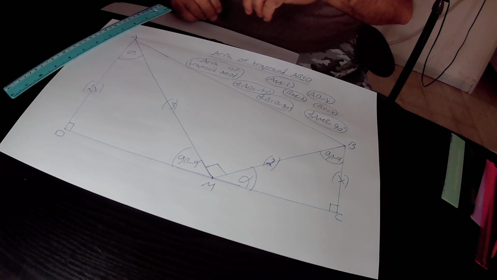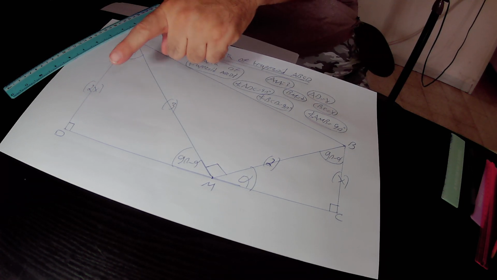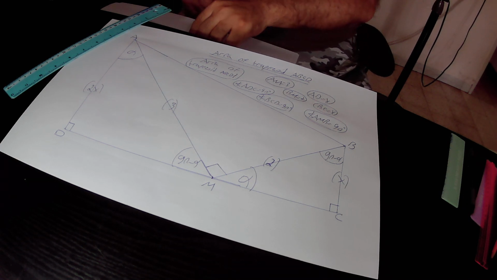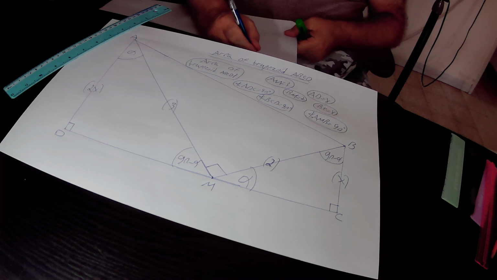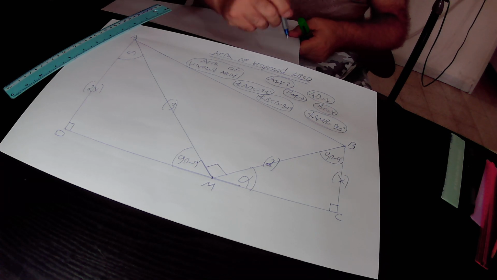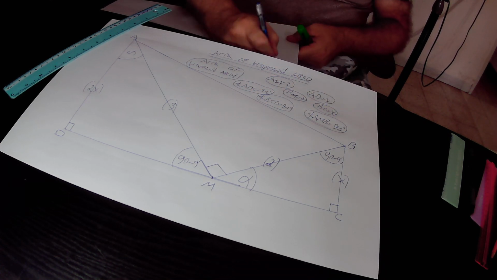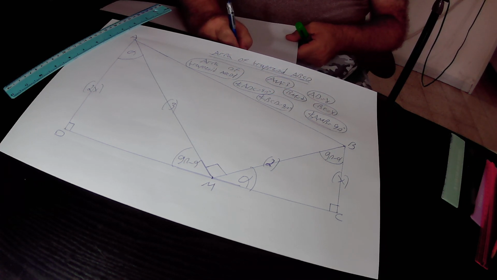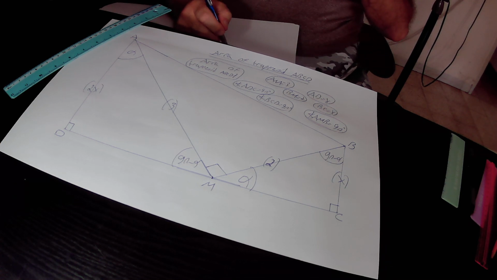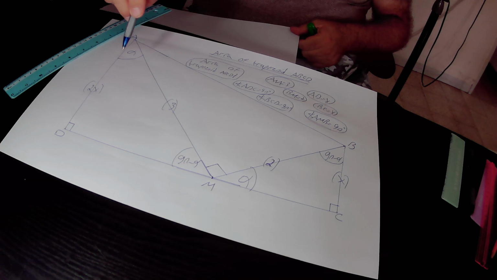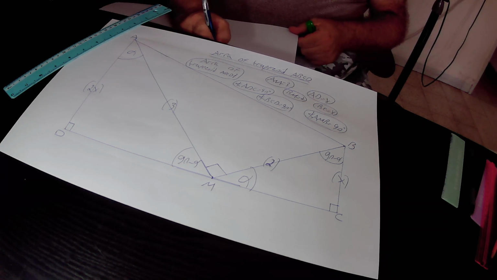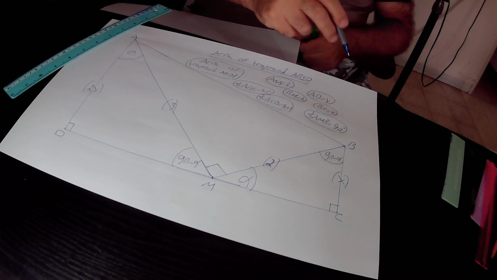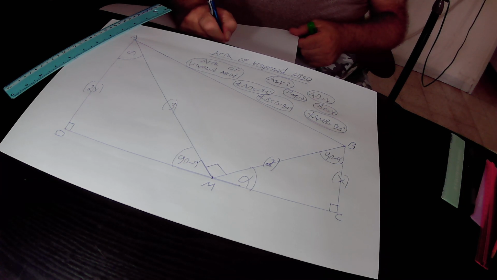We derive that side AD of the right triangle ADM over side MC of the right small triangle MCB is equal to side DM of the big right triangle ADM over side BC of the right small triangle BCM.